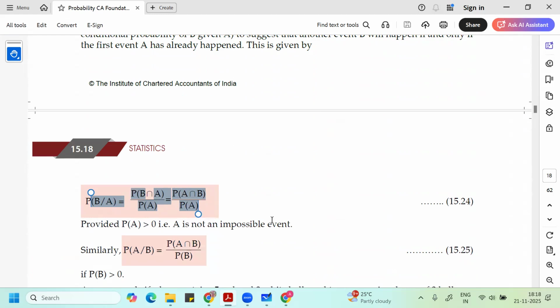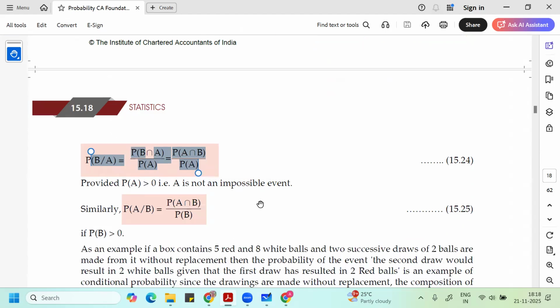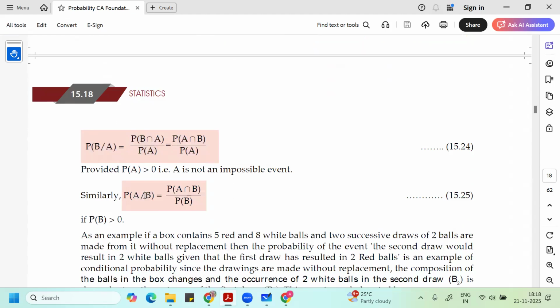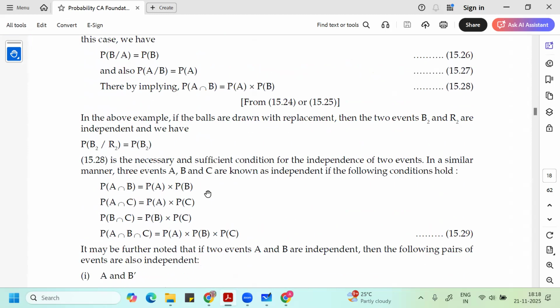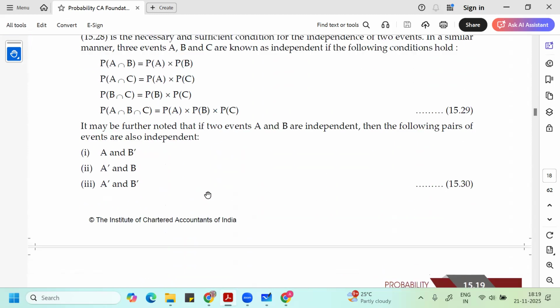Here, probability of B by A means what is the probability that event B will happen, knowing that A has already happened. That is called conditional probability. And if I say A by B, it means the probability that event A will happen, knowing that B has already happened. Remember the formula.